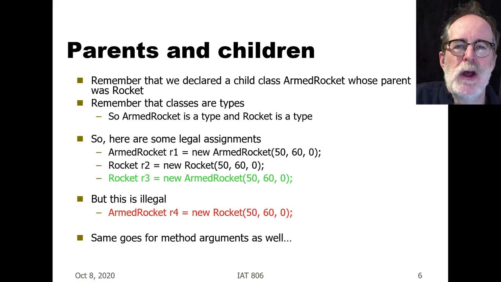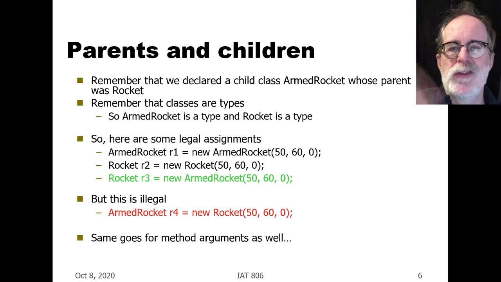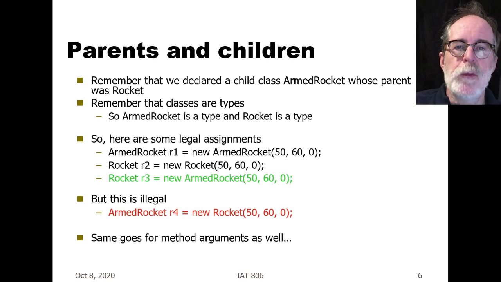There's no point in creating something like ArmedRocket to extend it and then do nothing, although maybe as a stub, to be filled in later. Most of the time you're doing a derived class because you want to add new stuff. Java doesn't know whether you're adding new stuff, and instead just declares this kind of assignment won't work because the types are wrong.